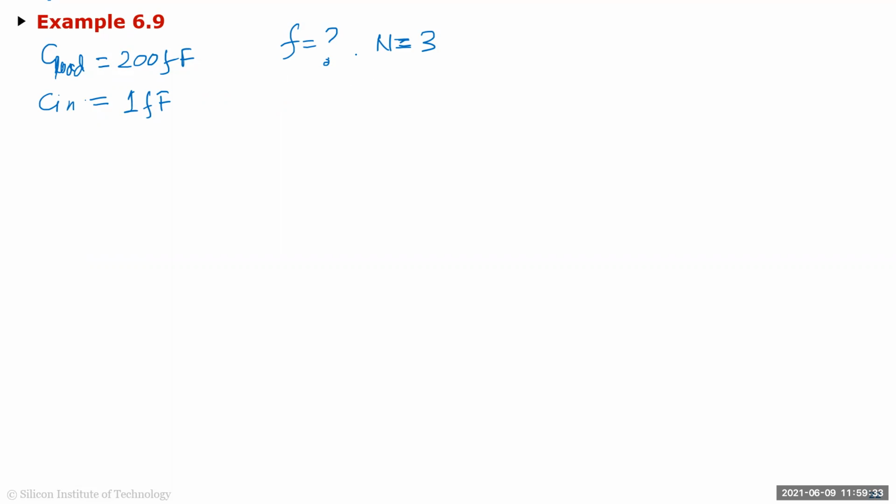Okay, so do this calculation first. I'll give you the equation, the relation between n and fan out. This is ln F is equal to natural log of CL over C in. Use this expression and tell me what the fan out should be. So fan out is basically the size difference between the first inverter, second to third, and so on.